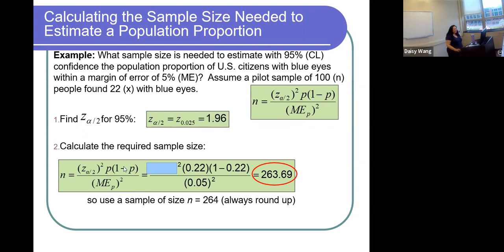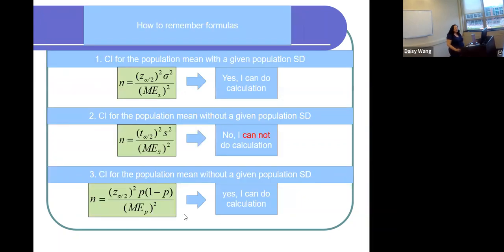So 1.96 squared times p 0.22 times 0.78 divided by 0.05 squared. In this case, the sample size will be 263.96, but I always have to round up to 264.